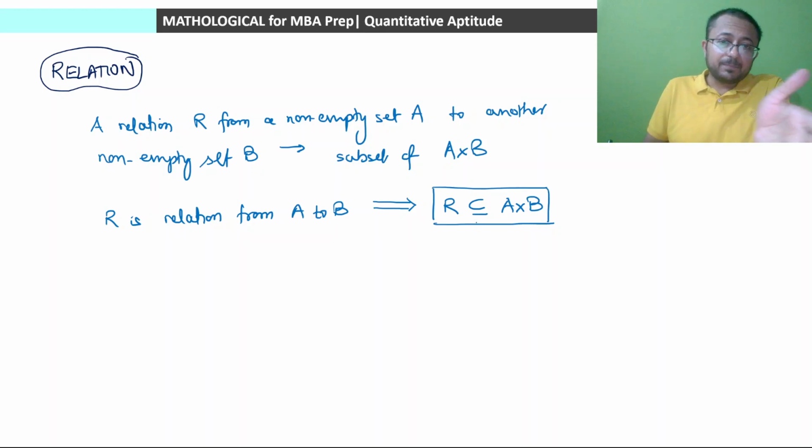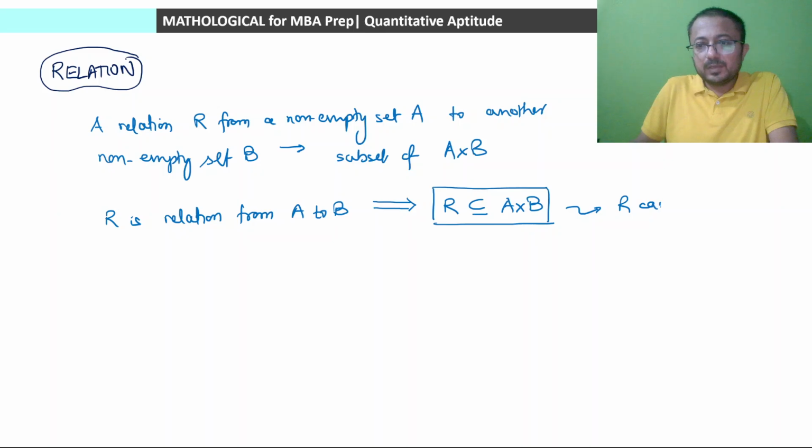Improper subset यानी कि R contains all elements of A cross B. That is also possible, or some of the elements. So R can contain some or all elements of A cross B.